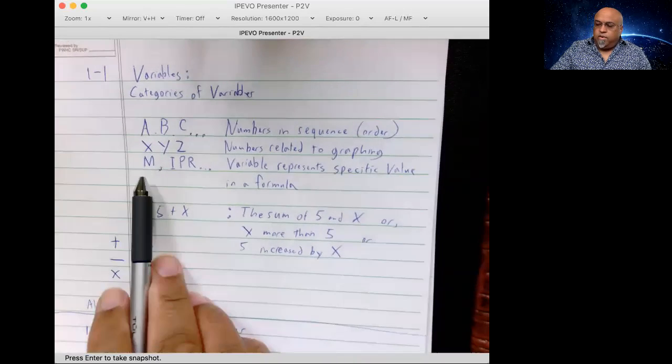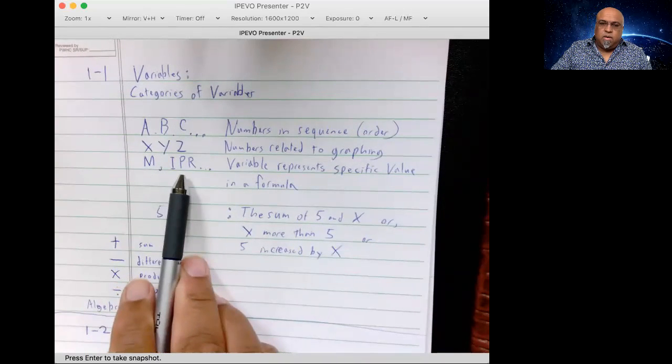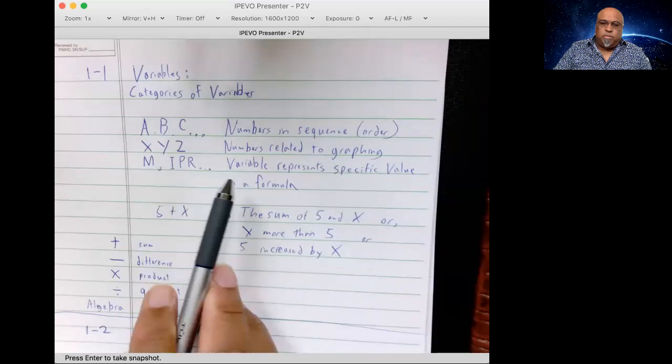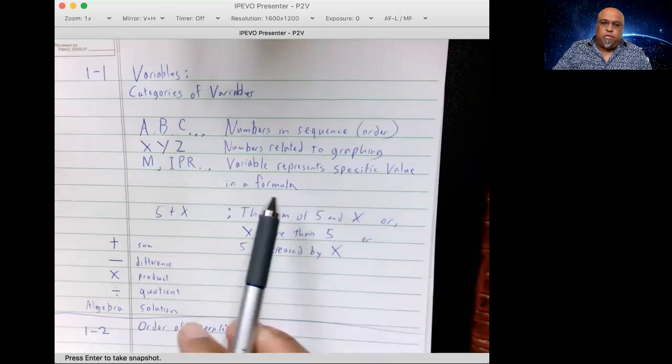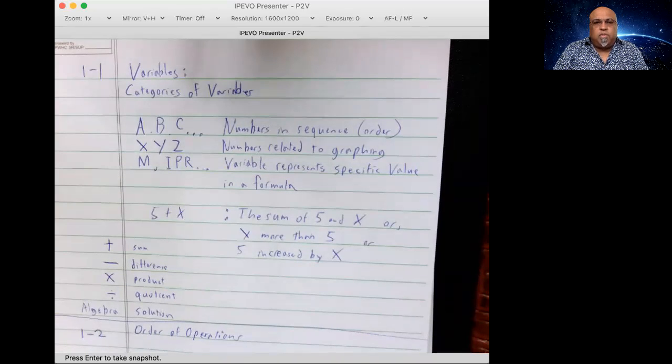Now, certain variables like M, I, P, and R are certain letters that represent specific values in a formula, okay? Now, a formula basically is a specific type of equation that represents something that is always going to be true. Now let me give you an example.